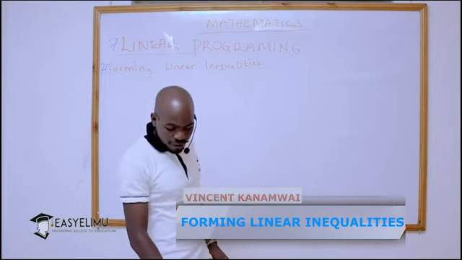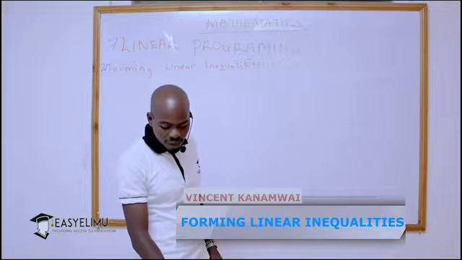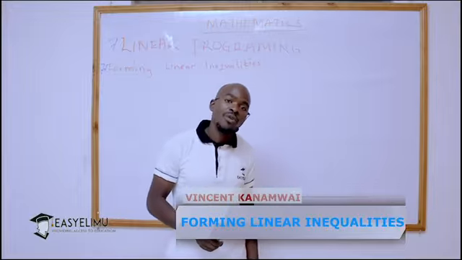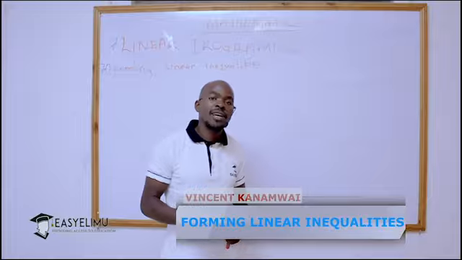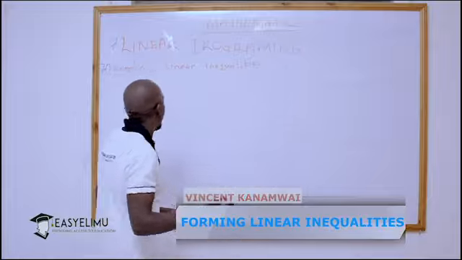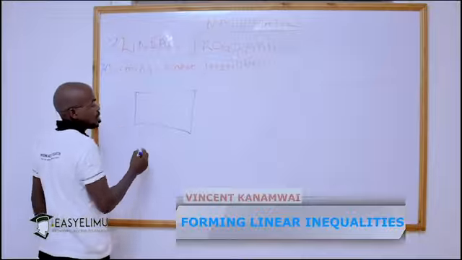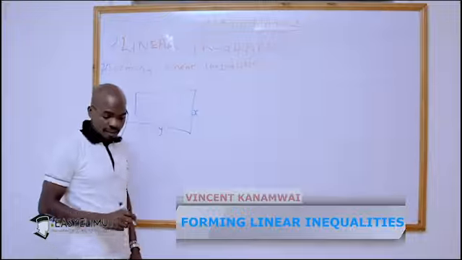For instance, if we have been told the perimeter of a rectangle whose length is x centimeter and width y centimeter is not more than 10 centimeter, you should first understand what dimensions they are talking about. You should be conversant with the rectangle and its sides. Say this is our rectangle, the length is y centimeter and width is x centimeter.